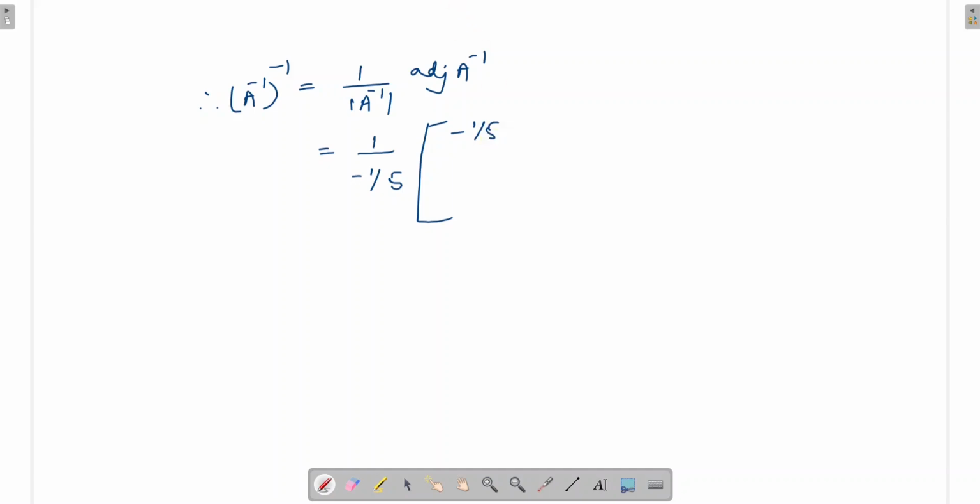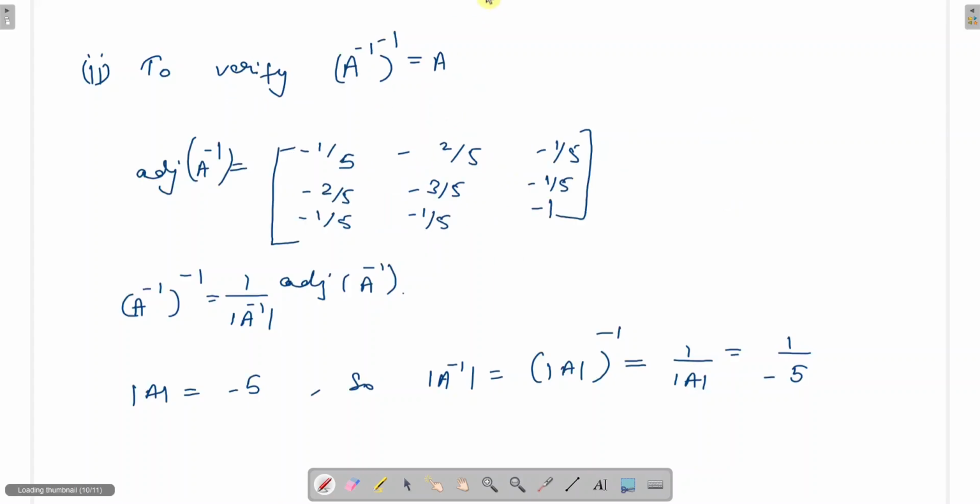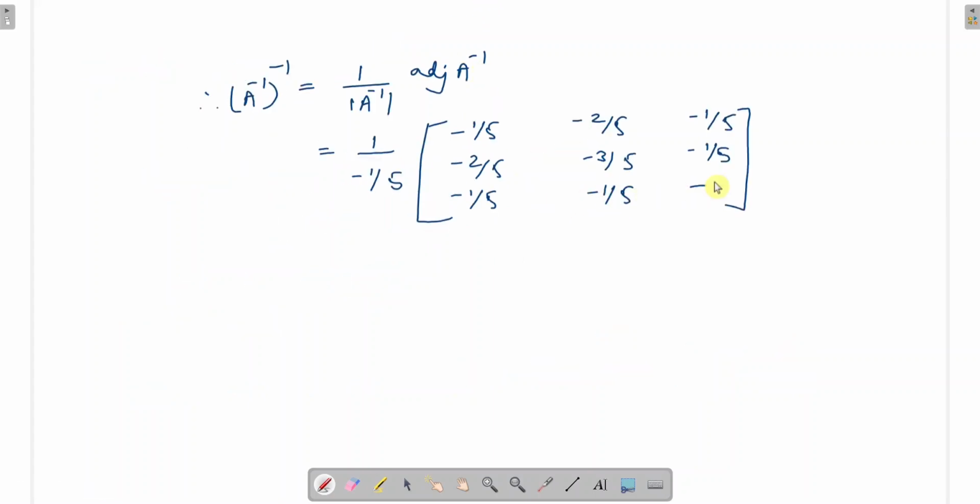Here minus 1 by 5, minus 2 by 5, minus 1 by 5, then minus 2 by 5, minus 3 by 5, minus 1 by 5, minus 1 by 5, minus 1 by 5, minus 1. So this will be equal to, see, if you multiply by minus 5 here, what will you get? This will get cancelled.